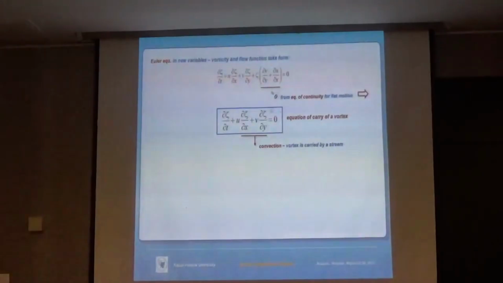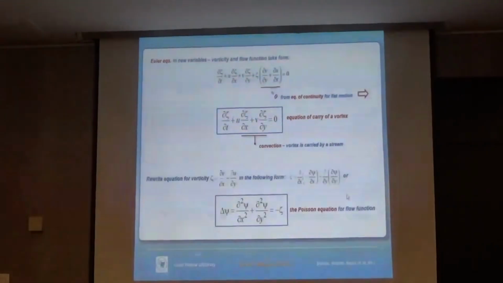And we can write the equation of carry of a vortex in this form, where the two last terms describe convection. The vortex is carried by a stream. We write the equation for vorticity in the following form, and now we can write the Poisson equation for the flow function.